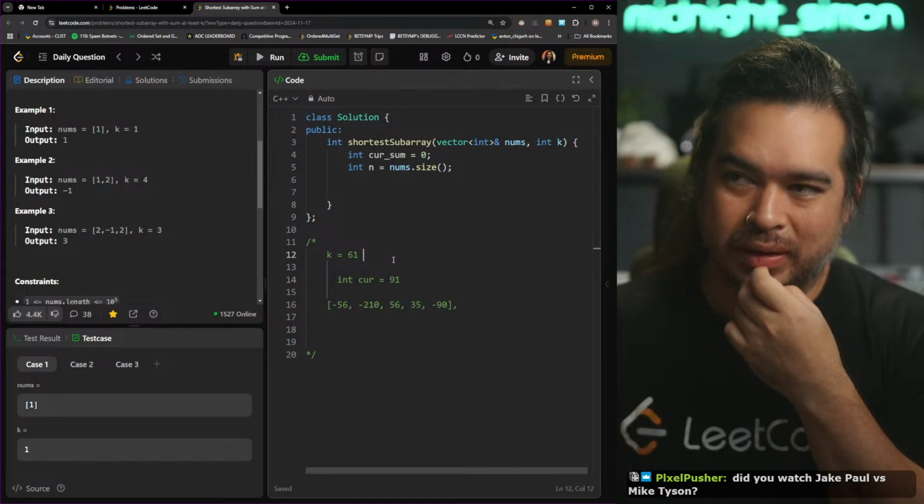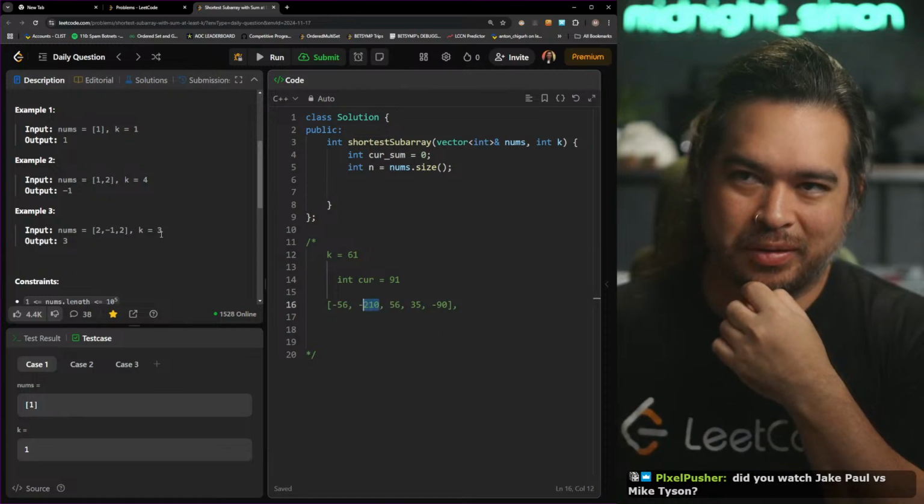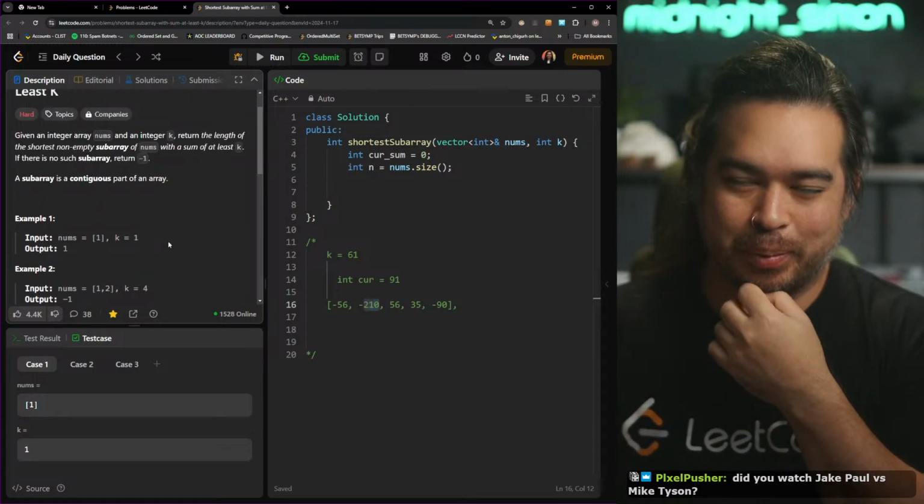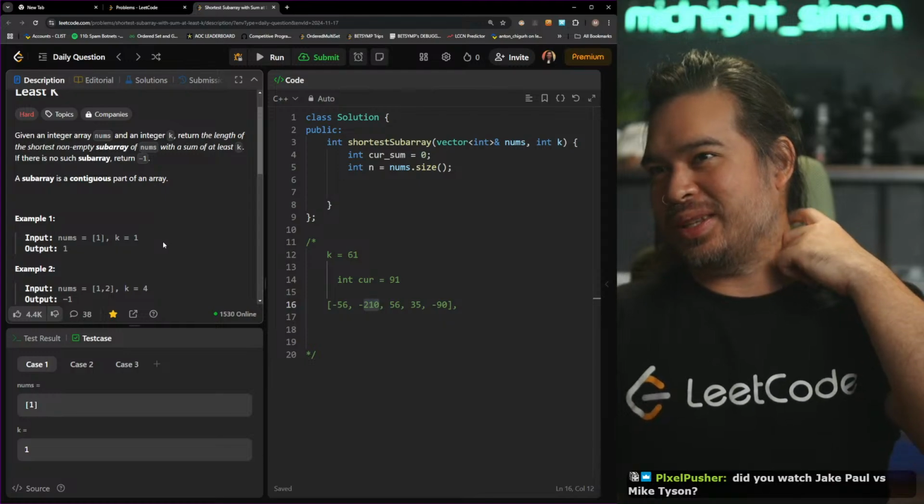I don't know, man. That's kind of like prefix sums. But I don't know how to combine these things, like prefix sums and Kadane's or something.